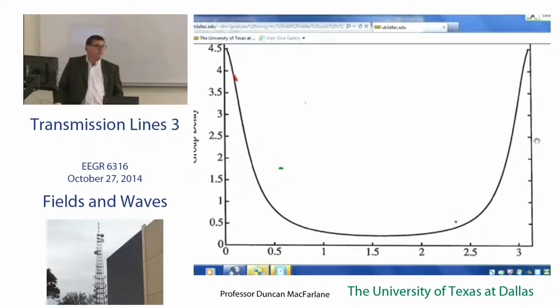One thing that I like in filters: I'm not a big fan of phase response, because phase is always normalized to a frequency. So what I would prefer is the question: how long does the wave stay in the structure? How long does the wave actually stay in the structure?